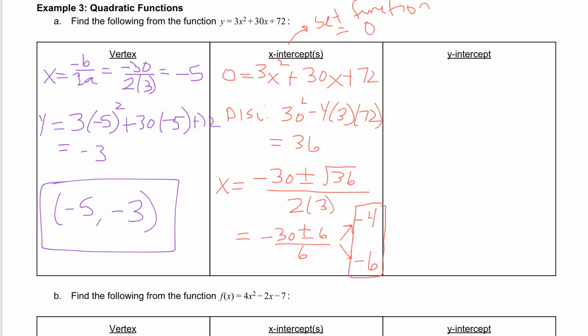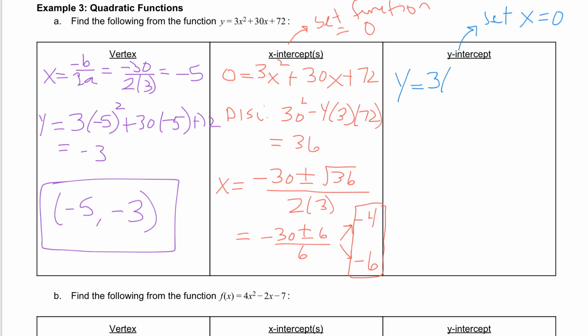And the last thing I want to find is my y-intercept. Well, if I'm finding a y-intercept, I'm going to do the same thing I did in the first semester, and that's going to be to set x equal to 0. Anytime you find a y-intercept, it doesn't matter what function you're dealing with, you're always going to put 0 in for x. So in my function, I have y equals, and where both of these x's are, I'm going to replace those with zeros.